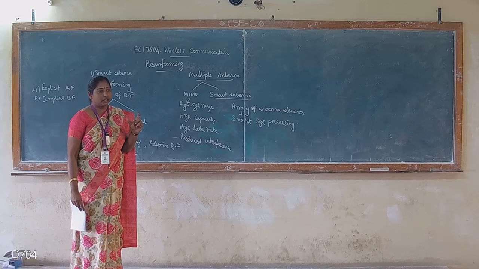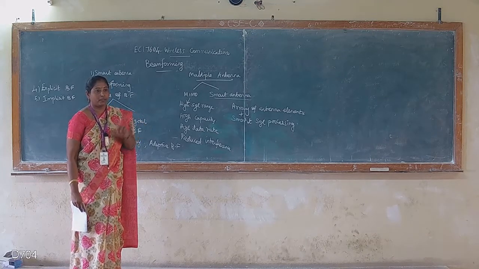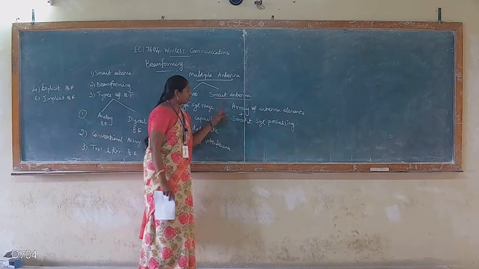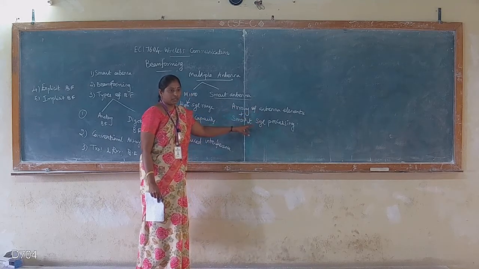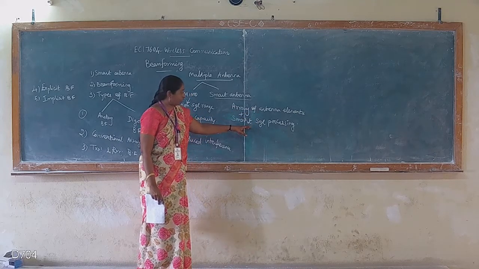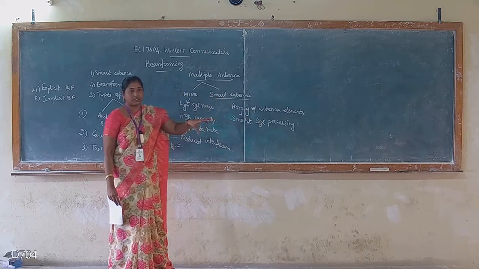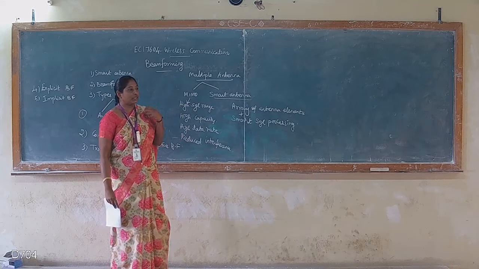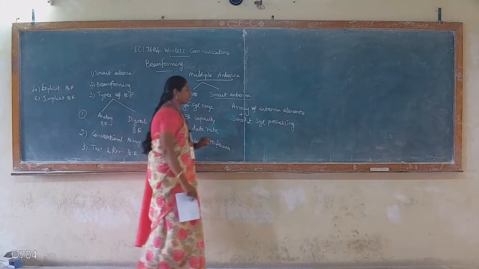So the intended user can get more power compared to the interfering user. That is the function of smart antenna. This signal processing first estimates the location of the target, and after estimation, it sends more power to the desired direction. So that is about smart antenna.